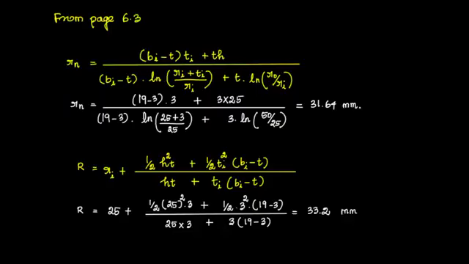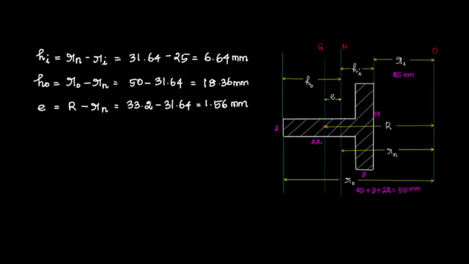Now we can find other dimensions like ho, e, hi from the Rn value and capital R value. Look here, the total distance O to N, center of curvature to neutral axis, is Rn. So if you know Rn and Ri, Rn minus Ri is equal to hi. Can you understand the diagram? The Rn value we have calculated, Ri is 25 mm, we know, so Rn minus Ri gives the hi value.